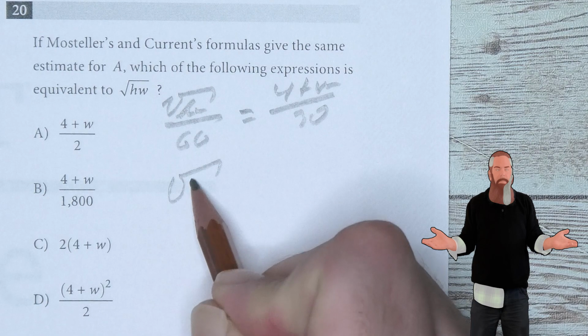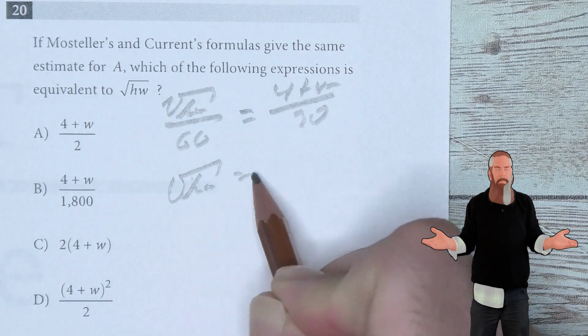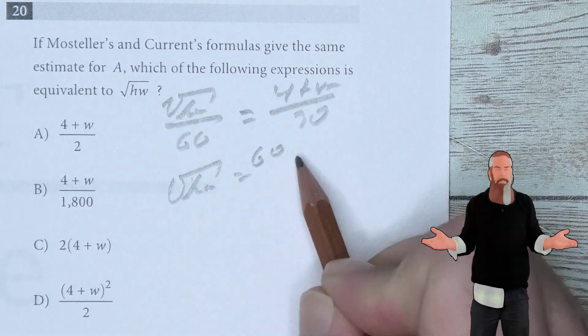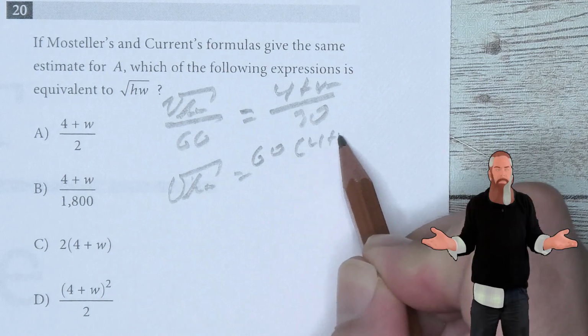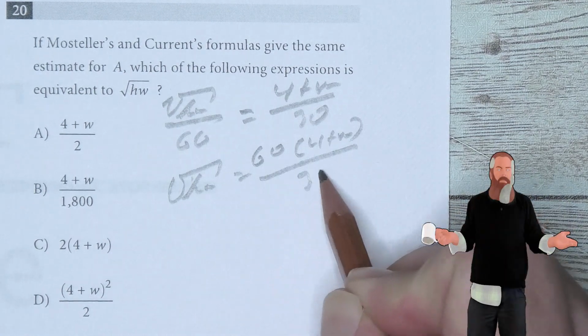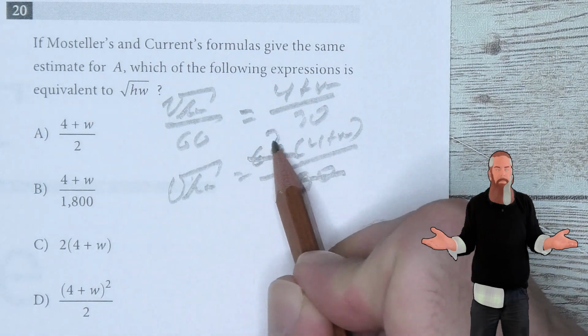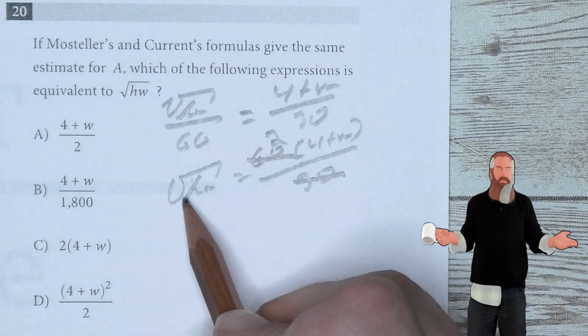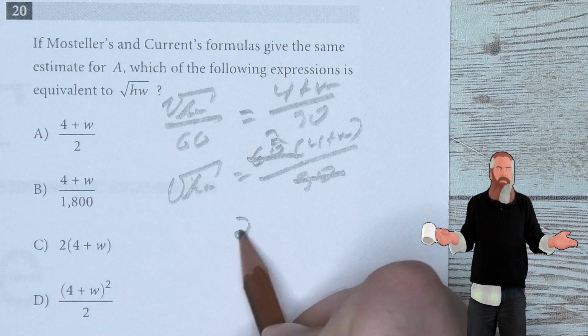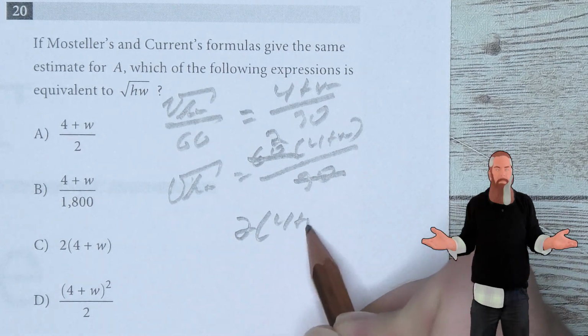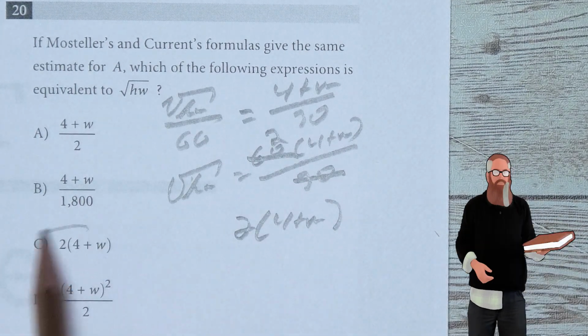We're going to get the square root of HW is now equal to 60 times 4 plus W over 30. Now 60 divided by 30, that's going to give us a 2. So the square root of HW is equal to 2 times 4 plus W, which means C is the answer.